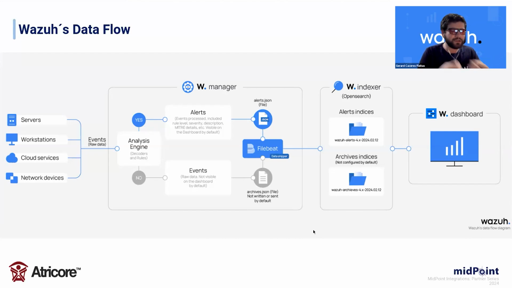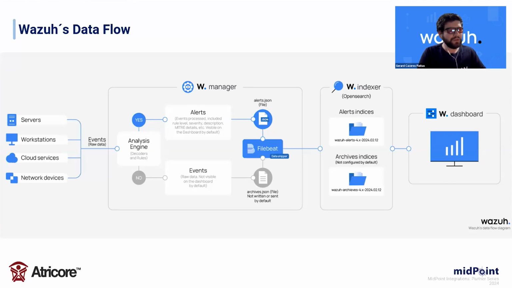The event, the raw data, the original log. This is the information that the Wazuh manager receives from different sources, okay, such as laptops, servers, applications, etc. And it could receive this information in multiple ways, such as syslog, API, a Wazuh agent, log file, custom scripts, etc. It is very, very flexible, okay?